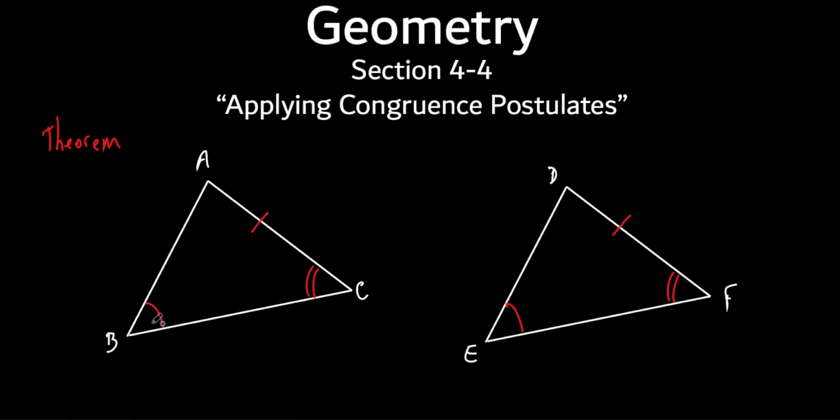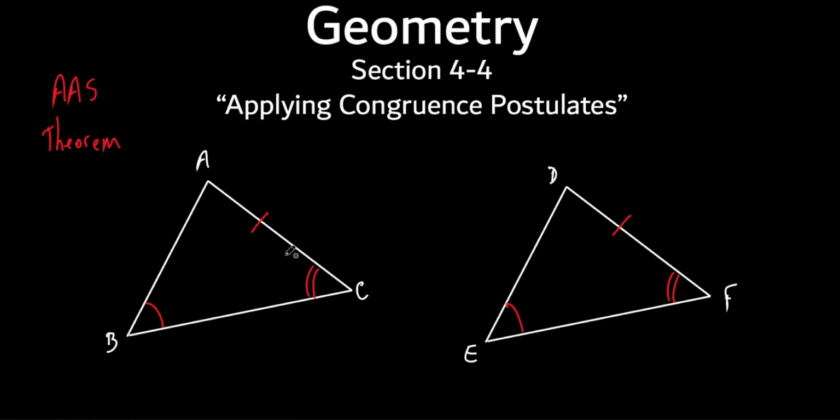So we're going to call this angle, side. So this is called the angle, side theorem. It's not a postulate, it is a theorem. I'll show you real quick. No, I'm not even going to do that because time's running out. All right, so if you have that information, that would be telling us that we have congruent triangles.